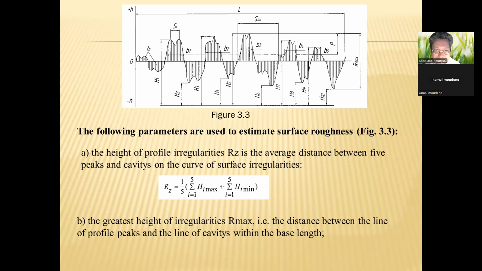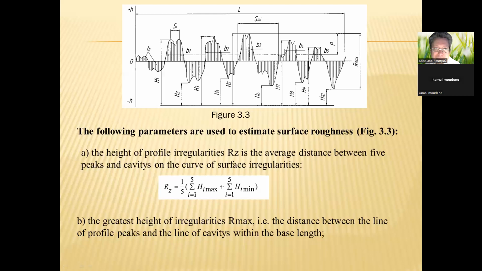The height of profile irregularities, R suffix Z, is the average distance between 5 peaks and cavities on the curve of surface irregularities. You can see irregularities in figure 3.3. You must find on this figure 5 peaks and 5 cavities.